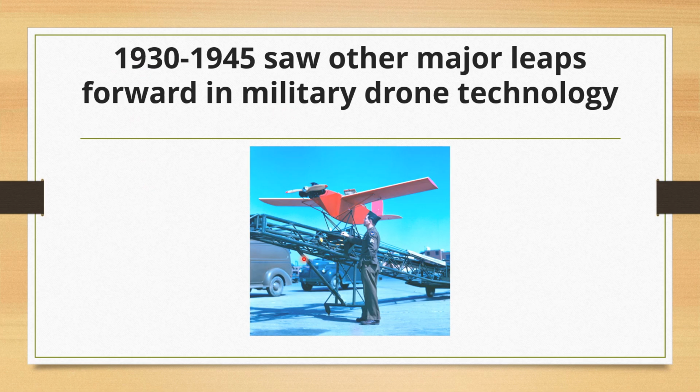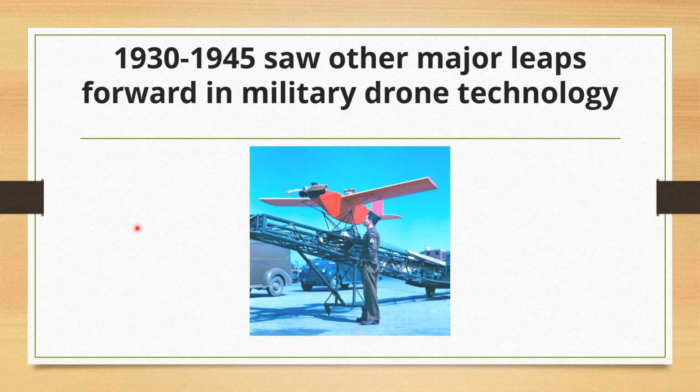In 1930, the US Navy started experimenting with radio-controlled aircraft, which resulted in the development of a drone called the Curtiss N2C-2 in 1937. Before that, in 1935, the British developed the Queen Bee, a radio-controlled target drone.